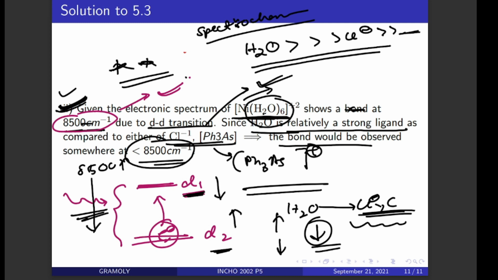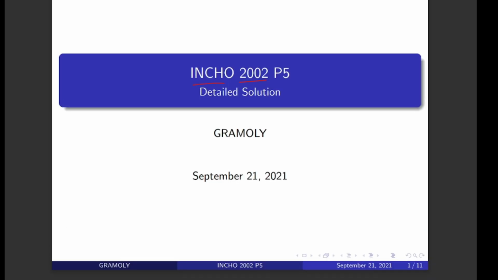So this was all for today. To summarize, in this problem number 5 of INChO, not much advanced content was there. We can solve it by JEE knowledge.